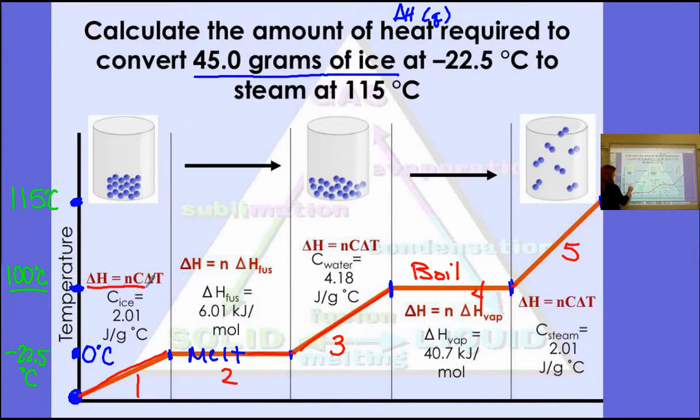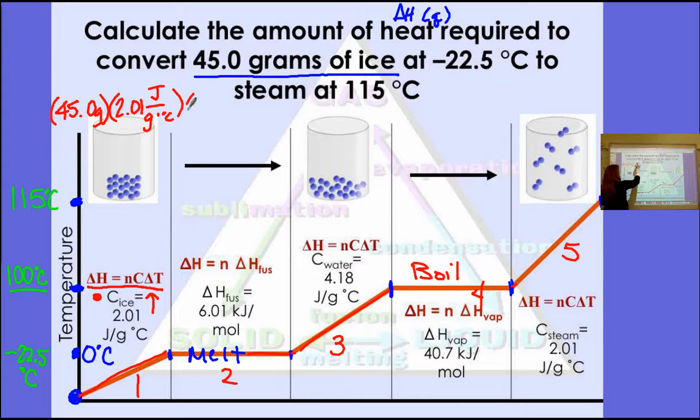ΔH equals nCΔT. Again, I can use this equation because I have a change in temperature. So, ΔH equals n. What's my n? n is in grams. I have 45.0 grams times the C value. Again, check your data table. This will always be given to you. 2.01 joules per gram times degrees Celsius.